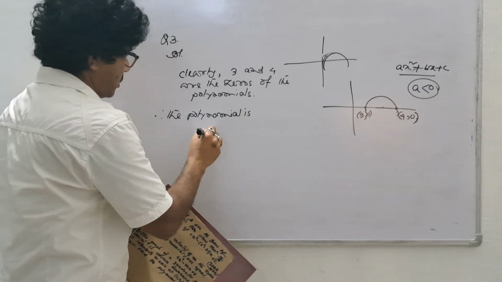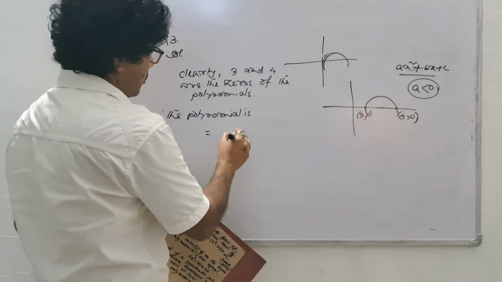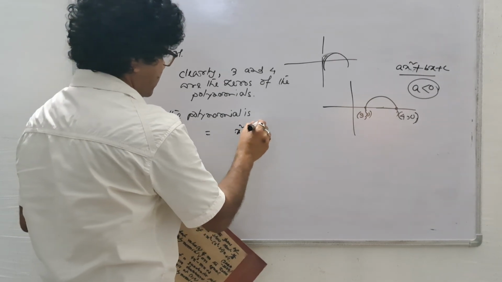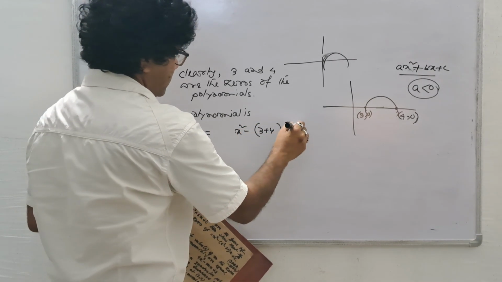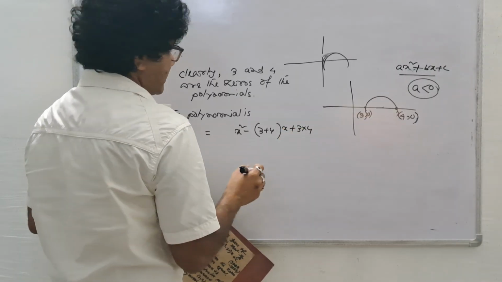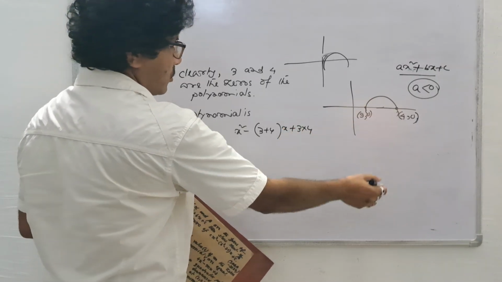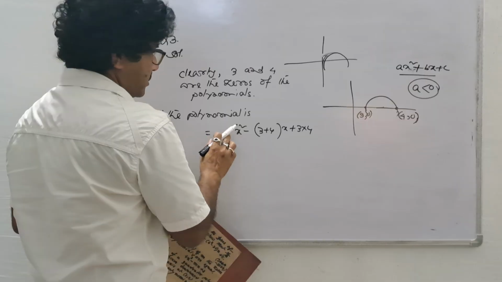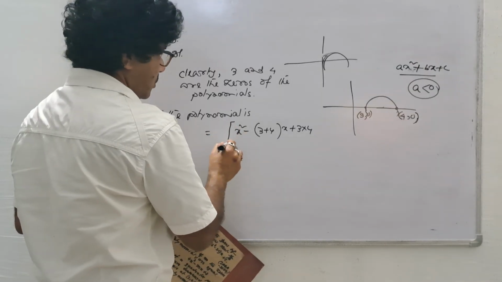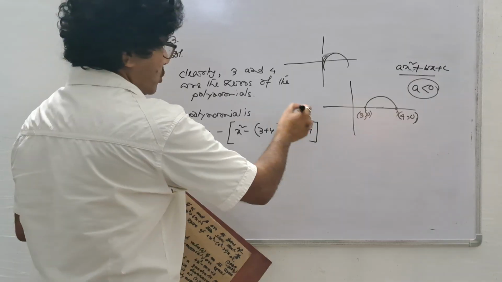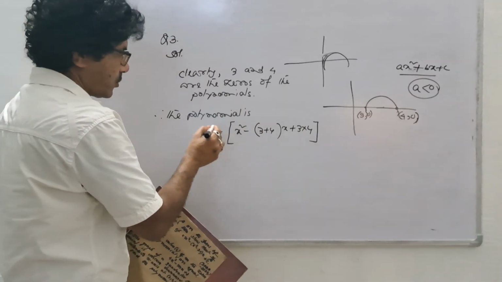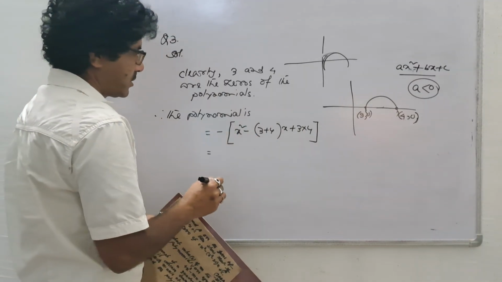is equal to, you know the polynomial formula, x squared minus sum of zeros multiplied by x plus product of zeros. And since it is concave downward, a must be negative. So we give a minus: this polynomial should be within a bracket, and before it the minus sign should be given.